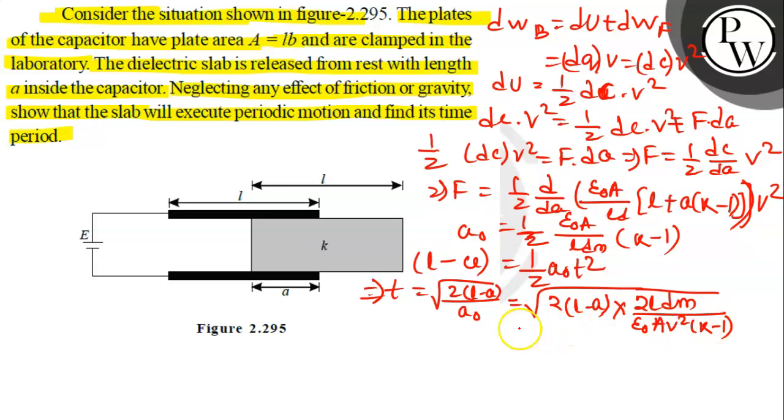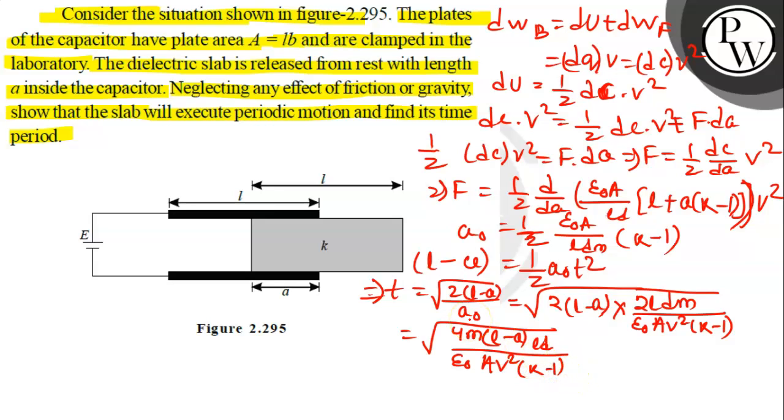So it will be root over of 4m into L minus a into L d divided by epsilon naught A V square into K minus 1.